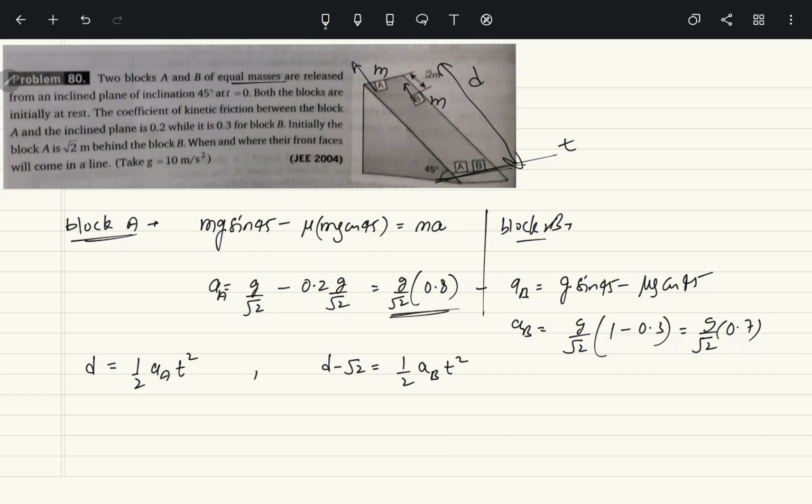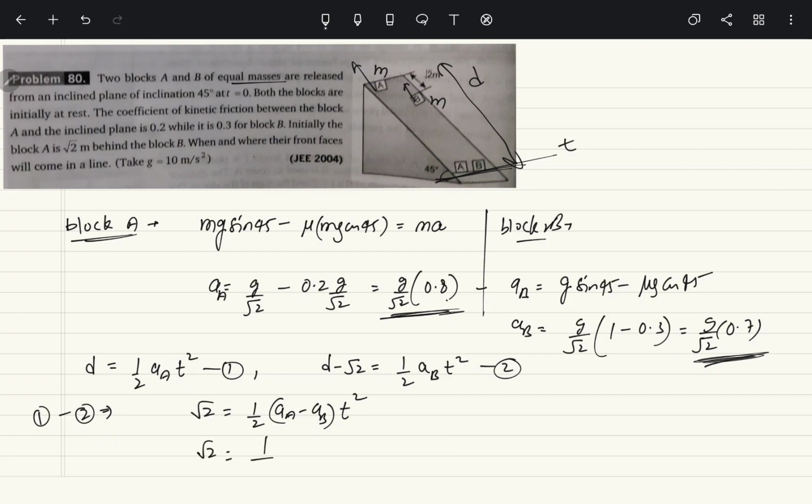Now if we subtract these equations, equation 1 minus equation 2, we get root 2 is equal to 1 by 2 (a_A minus a_B) t square. Now in a_A minus a_B, g by root 2 is common, so 0.8 minus 0.7, which is 0.1.